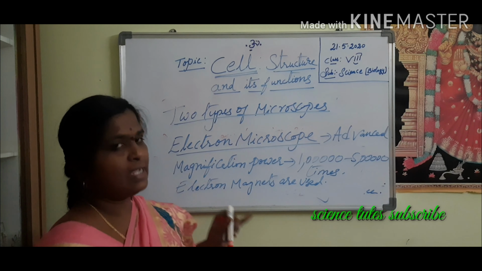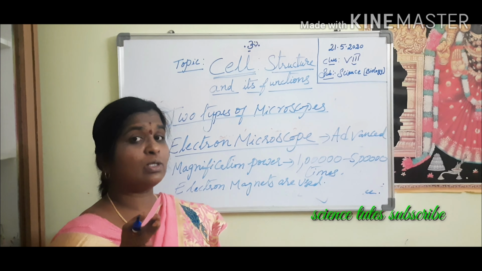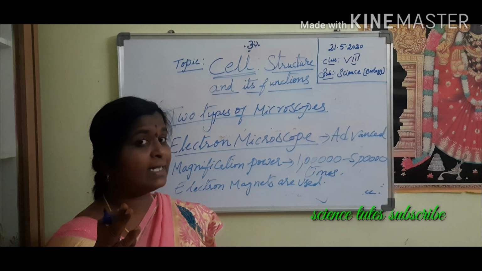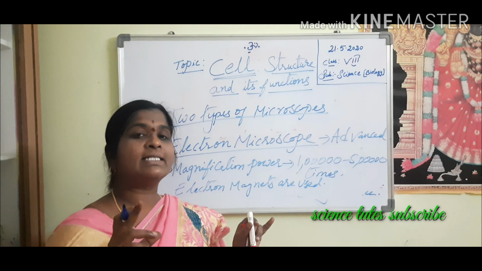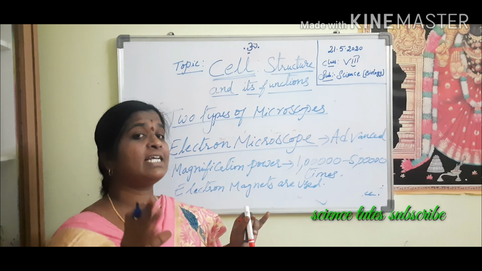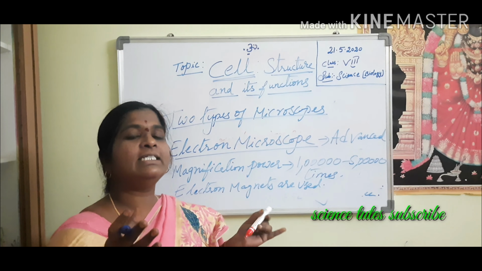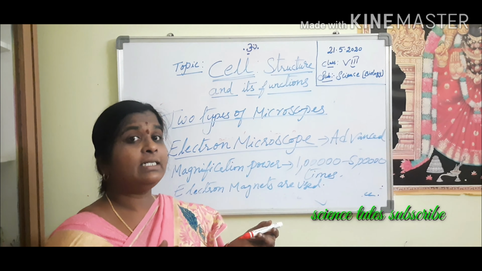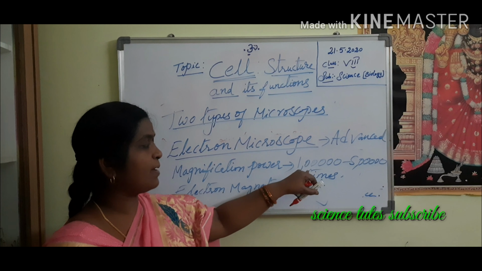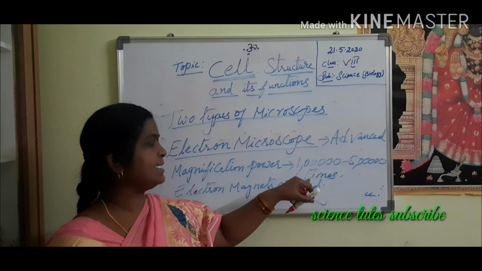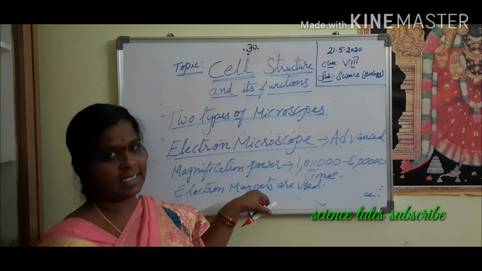I think now you have understood how many types of microscopes there are. Two types. What are those? The compound microscope and the electron microscope. The compound microscope has a magnification power of 100 to 1500 times, so we can see somewhat clearly. But the most advanced one is the electron microscope, and we can see very clearly with the help of electron magnets.